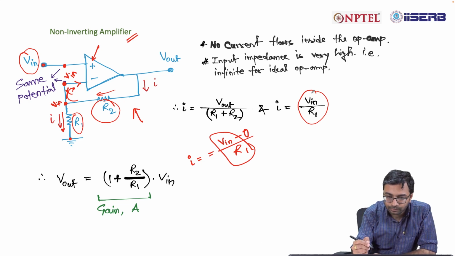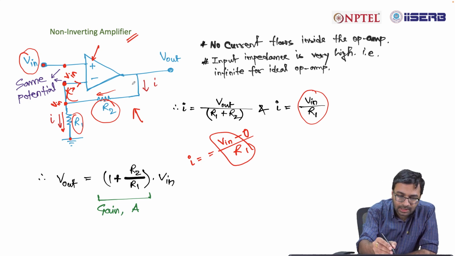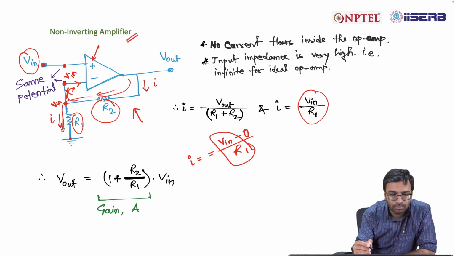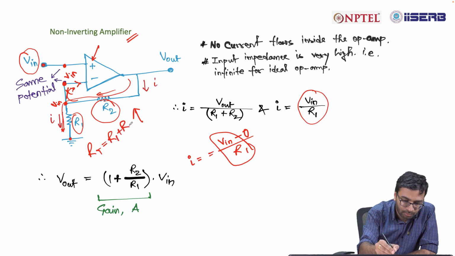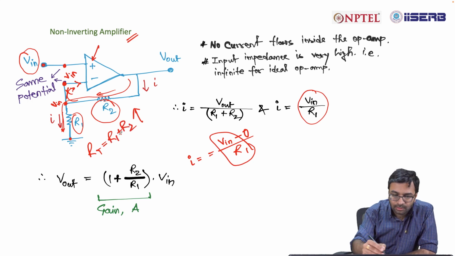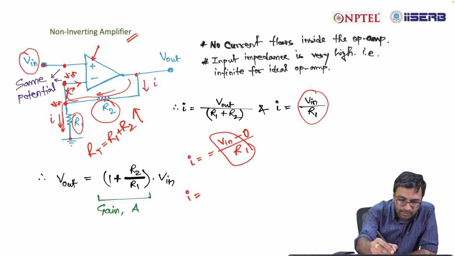Similarly, if you consider the entire loop, the total resistance RT is equal to R1 plus R2. Hence, you can consider I is equal to, at this point also the potential is V out.